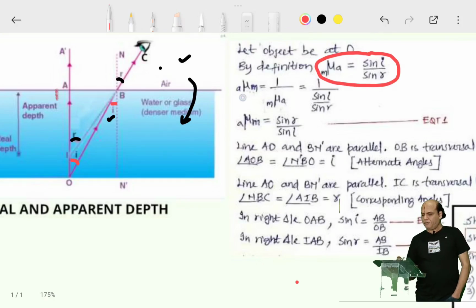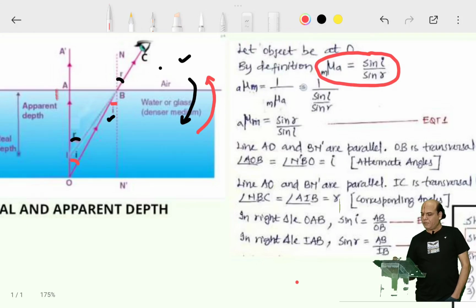Now we know that the refractive index of the second medium with respect to the first medium, that is mu m with respect to air, so second medium m with respect to air, first medium air, is nothing but the inverse of the earlier refractive index of air with respect to medium.